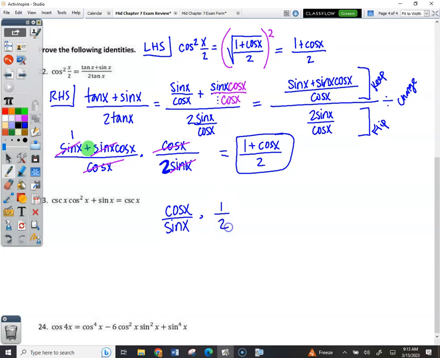Times 1/2. Yeah, but I'm just saying, how did you cancel out both the sines then? Because it's a 1 for 1. The 2 has nothing to do with the sine. It's not sine squared. This is a multiplication in front of it. Okay, look. Go back to letters, y'all. Nothing wrong with taking letters.